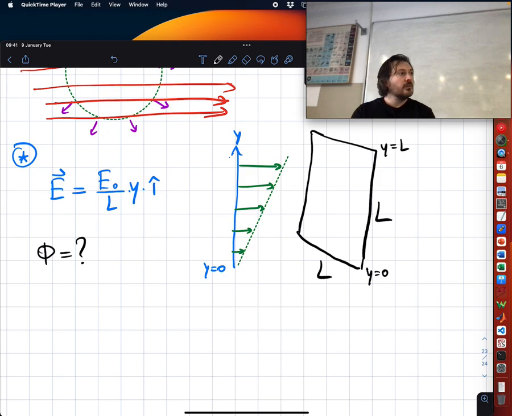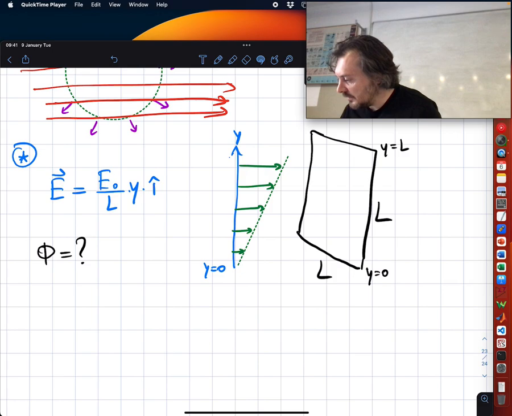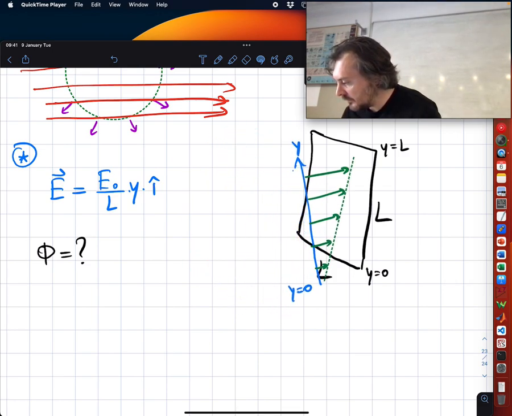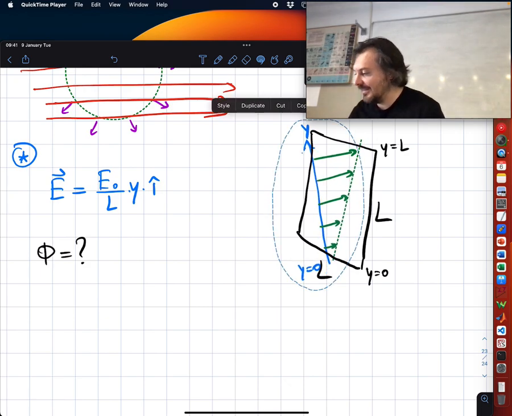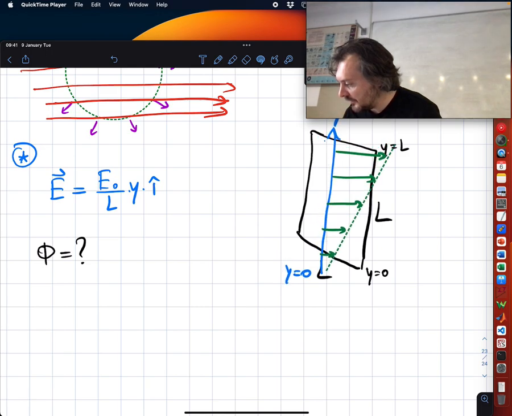It's very hard to draw three-dimensional stuff in two dimensions. So let me then actually tilt this one a little bit, maybe. So it's going in.